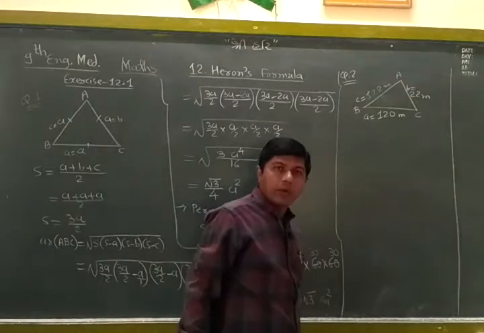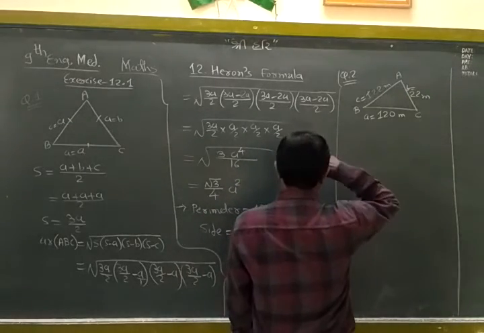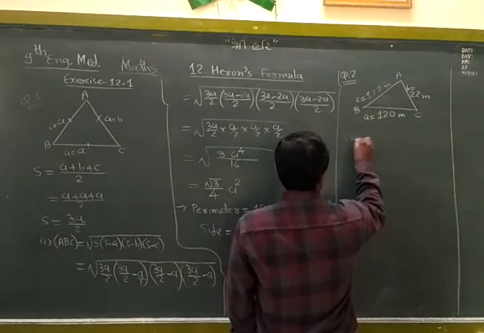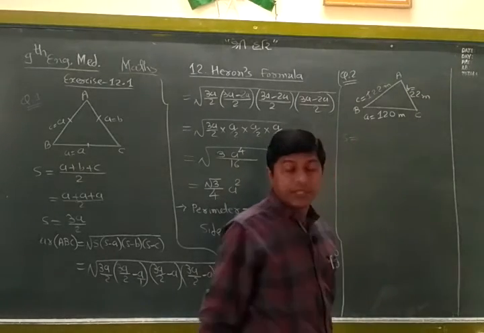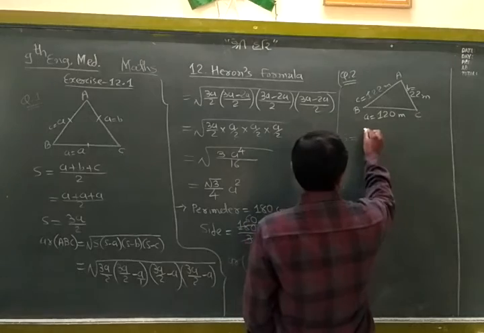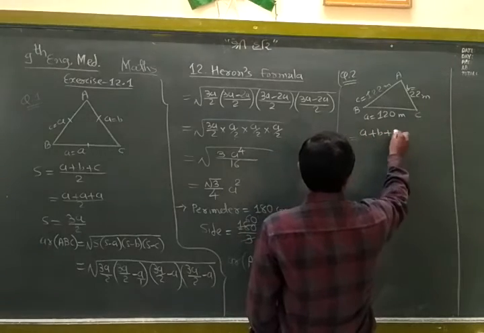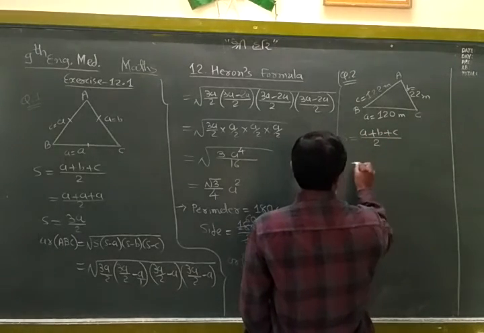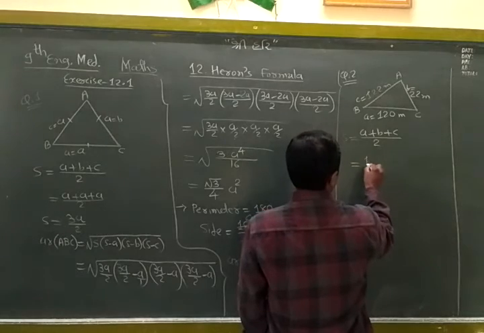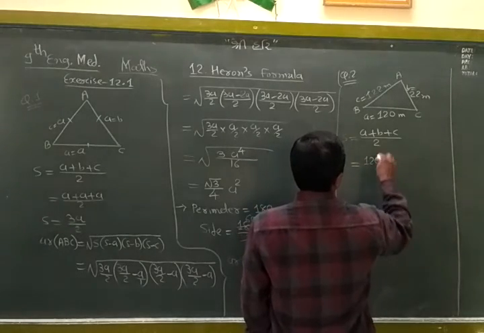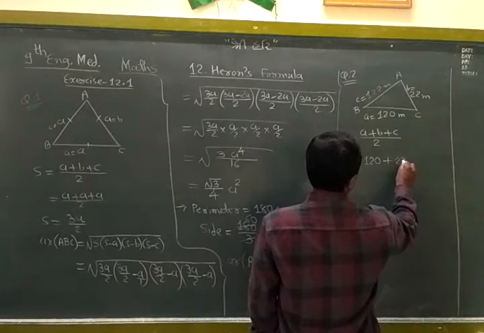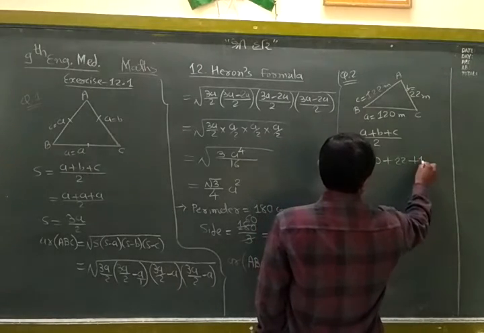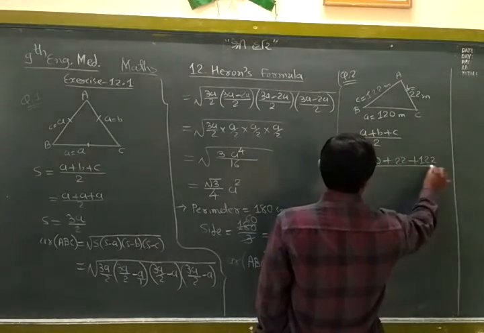Okay, now S means semi perimeter. So S equals (A plus B plus C) by 2. Small a 120, small b 22, small c 122, by 2.